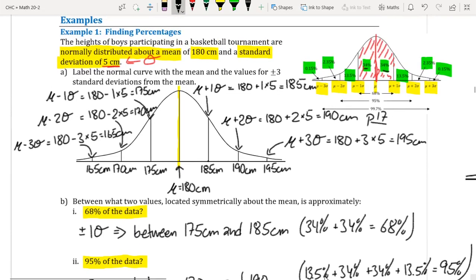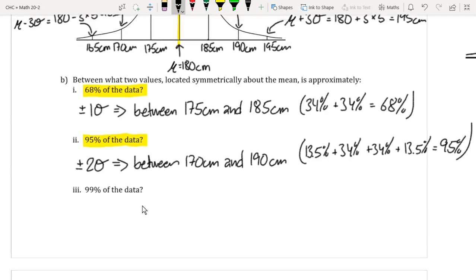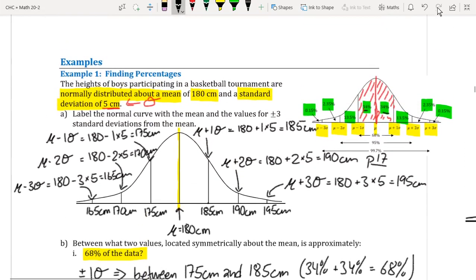And then in the next question here, number 3, now we want to find out between what two values 99% of the data is located. Okay, so if we look at the graph up here again, 99%, now we're going to go to plus minus 3 standard deviations.